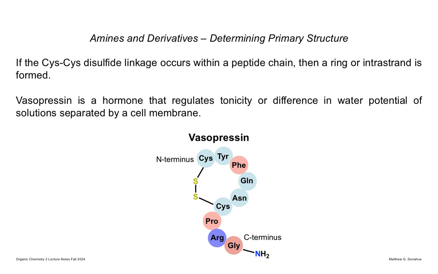So again, you can get that ring forming, and this is an example of a short amino acid sequence that's generating a hormone called vasopressin. And so that regulates tonicity, which is the difference in water potential between a cell membrane.